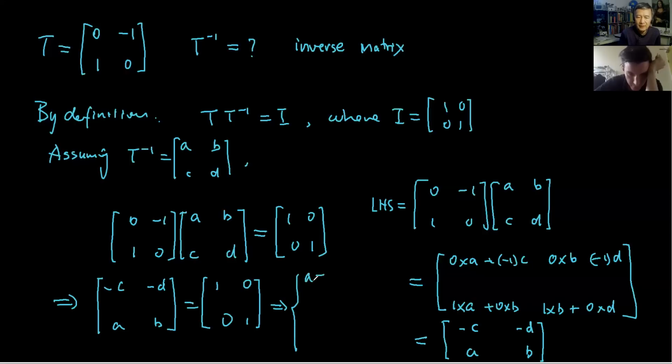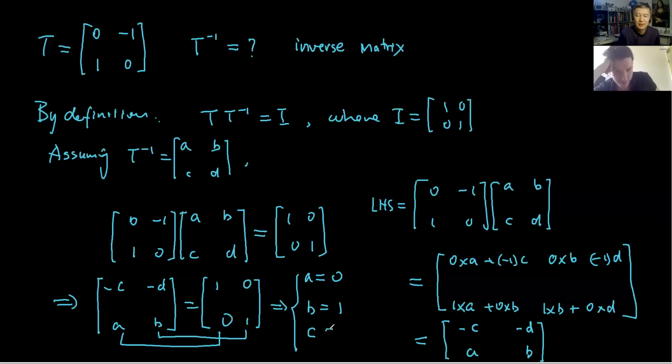What is A? You compare with this one. A is going to be 0. How about B? B is 1. How about C? C is -1. How about D? D equals 0.